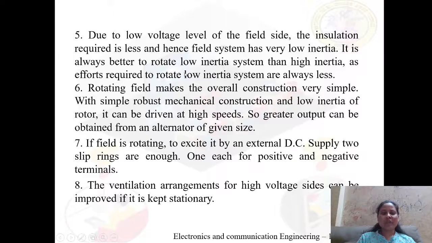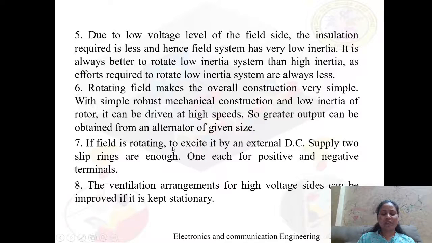It is always better to rotate the low inertia system than the high inertia system, because the effort required to rotate the low inertia system is less compared to the high inertia system. The next advantage is that the rotating magnetic field makes the overall construction much simpler.